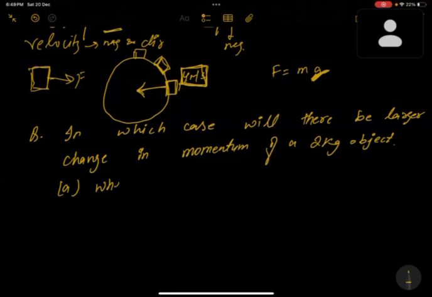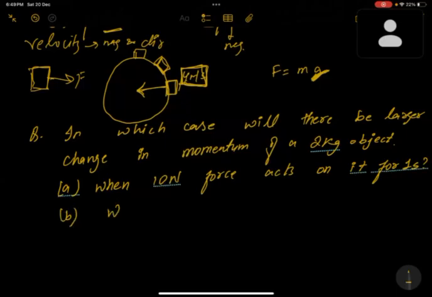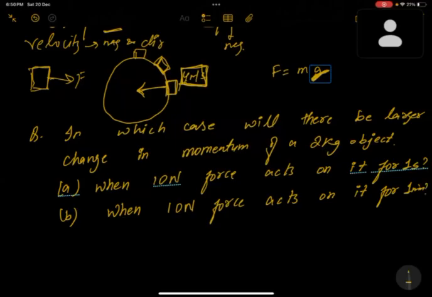First is when a 10 Newton force acts on it for 1 second. Second is when a 10 Newton force acts on it for 1 minute. Tell me, in which case is there a larger change in momentum?